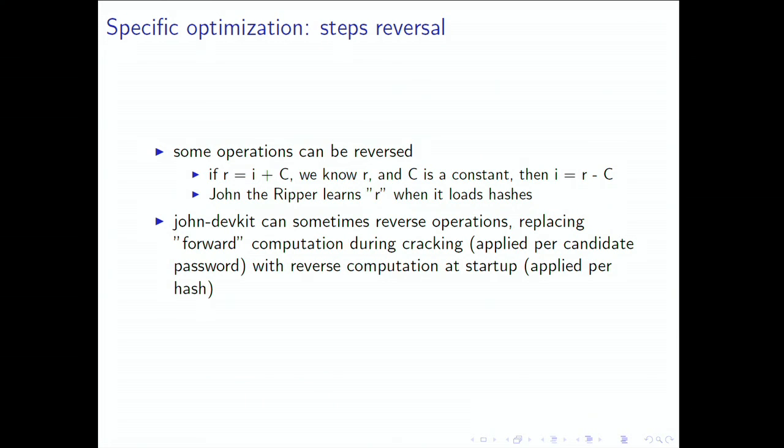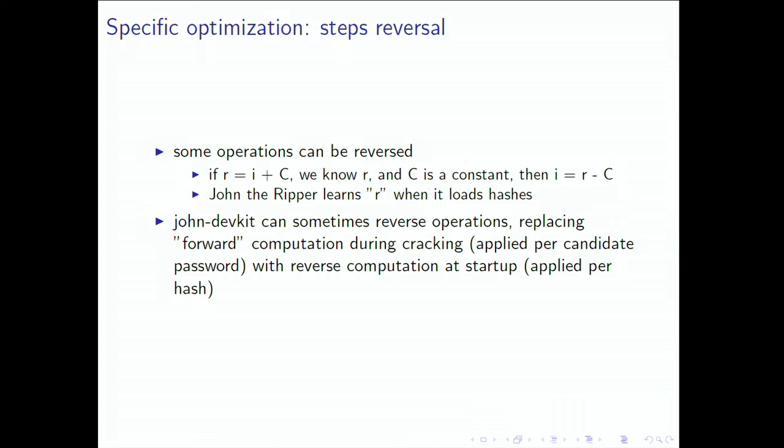One interesting optimization is reversal of operations like addition. When we see that an int in the hash was obtained by application of a constant, we can deduct the constant and see the state with one operation earlier.